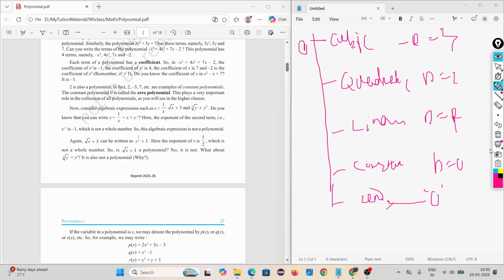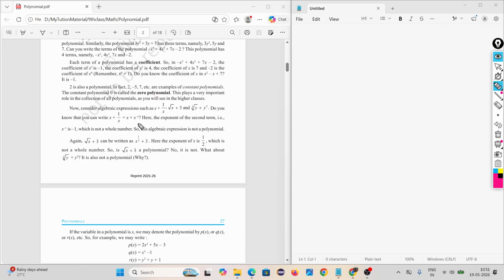Then now consider algebraic expressions such as x plus 1 upon x, root x plus 3, cube root of y plus y square. Do you know that you can write x plus 1 upon x as x plus x inverse?